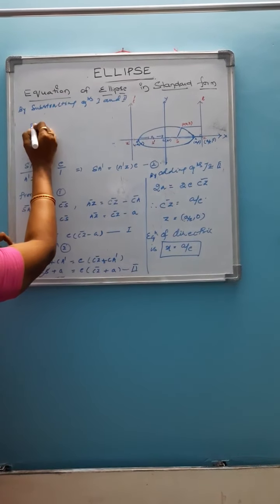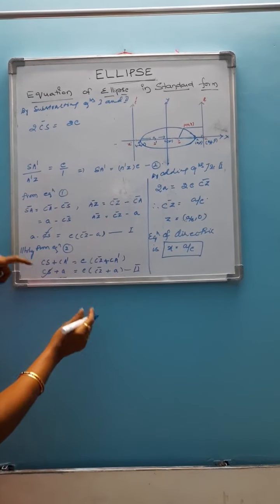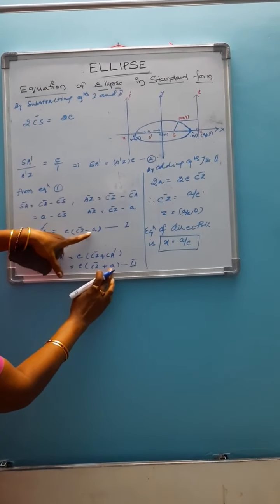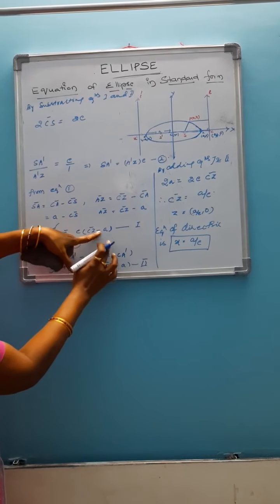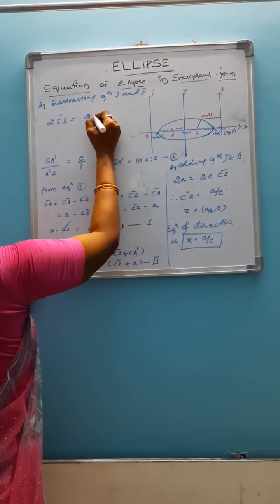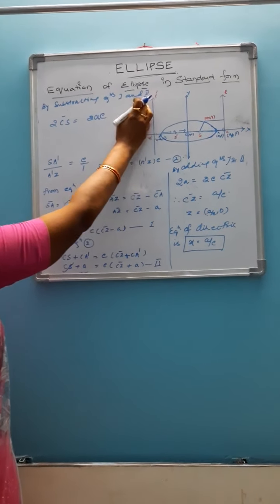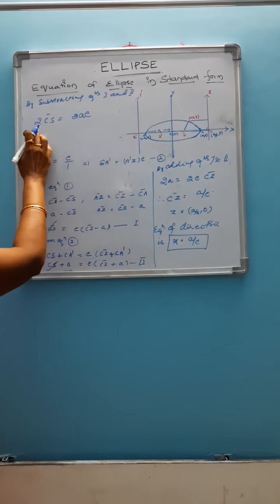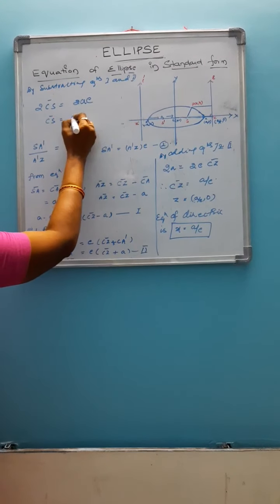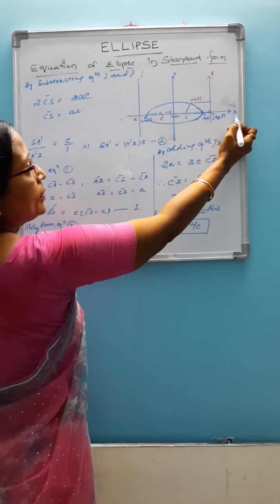So 2CS is equal to 2E into, here the CZ's are cancelled, second equation minus first equation, 2AE. After subtraction, 2CS is equal to 2AE. That is CS is equal to AE, where S is the focus and S lies on the x-axis.